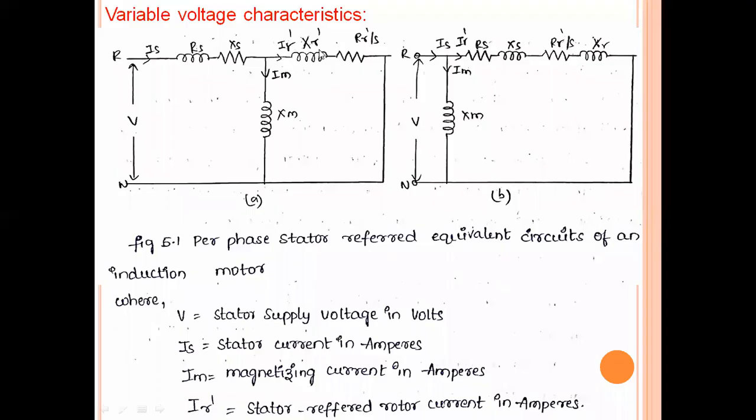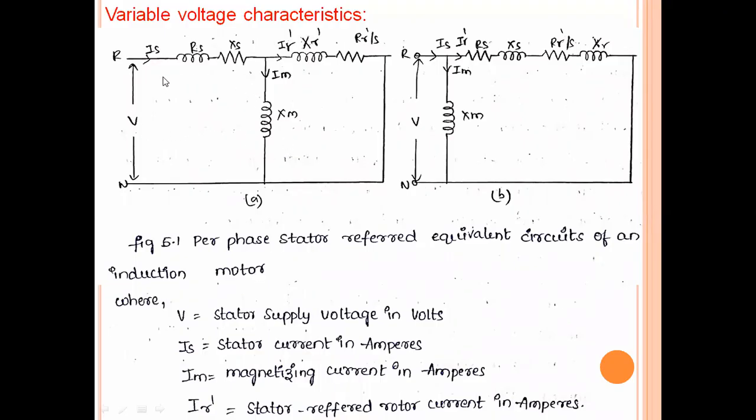That is the reason why the dashes have been placed, and this is R dash by s. This small s represents the slip. How this circuit diagram has been derived, all those things we have seen in the machines course.